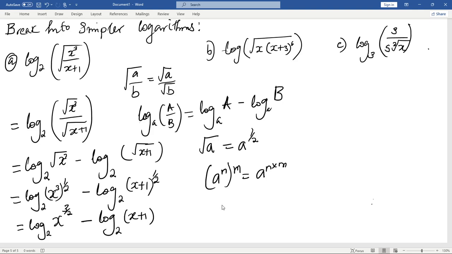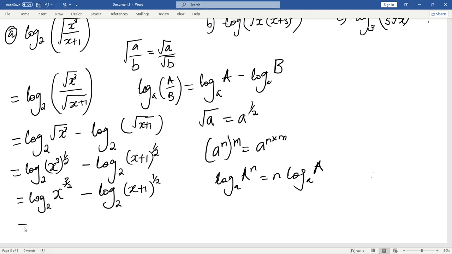Then another property for logs: log to the base a of a to the power n is the same as n log to the base a of a. So we apply this property on the next step.